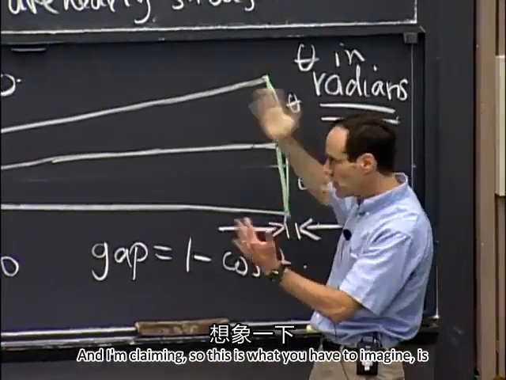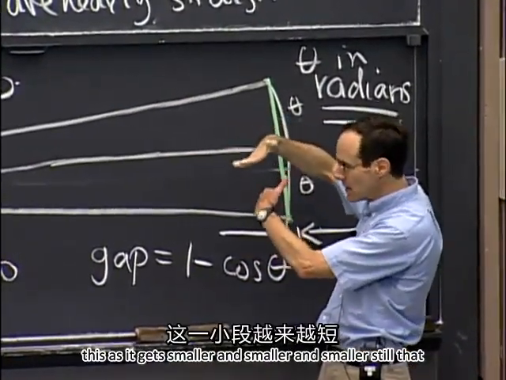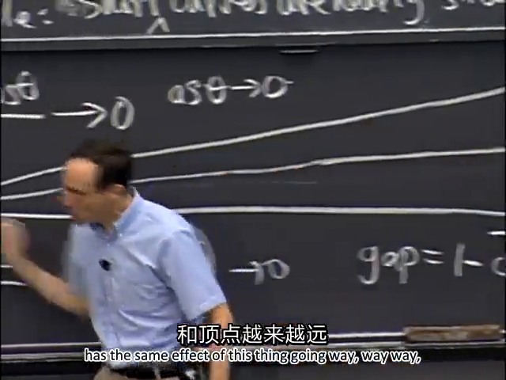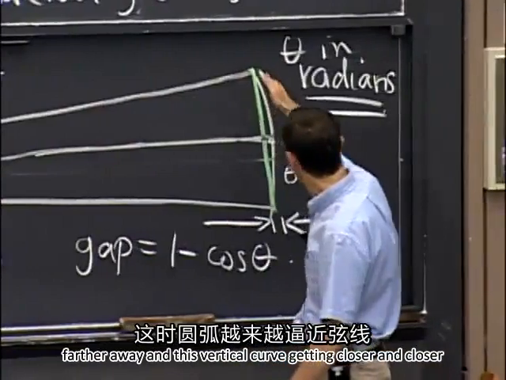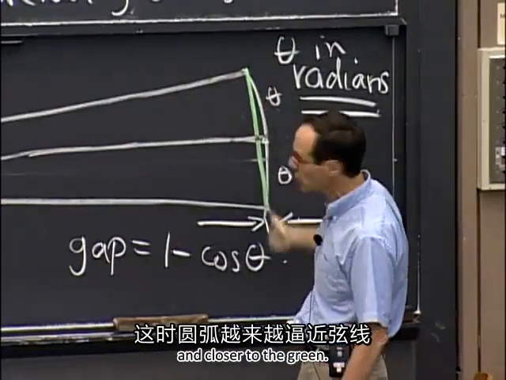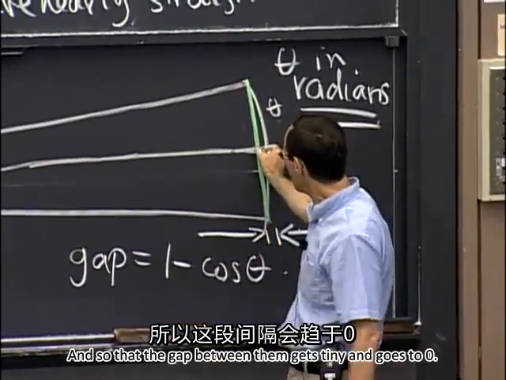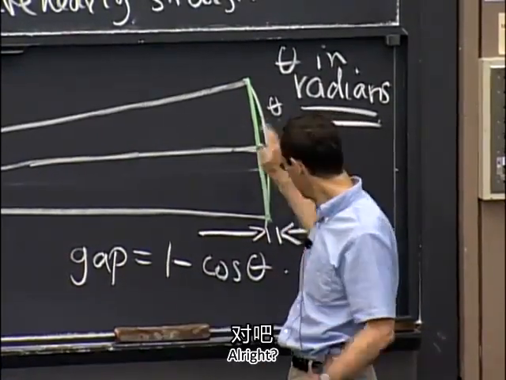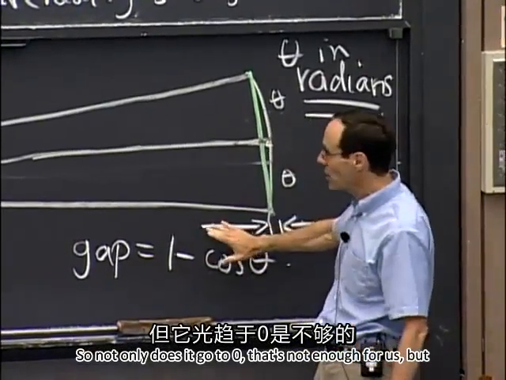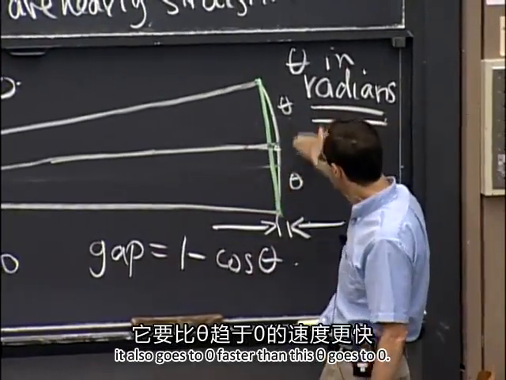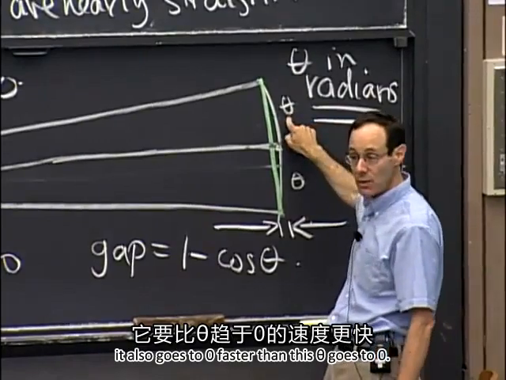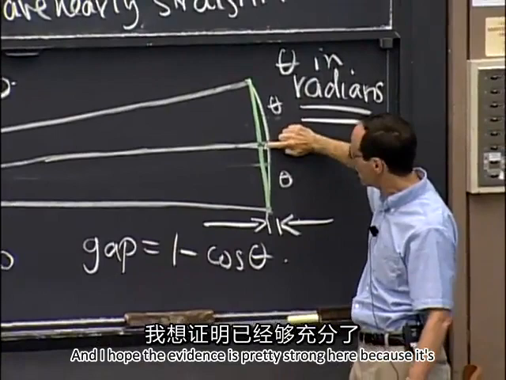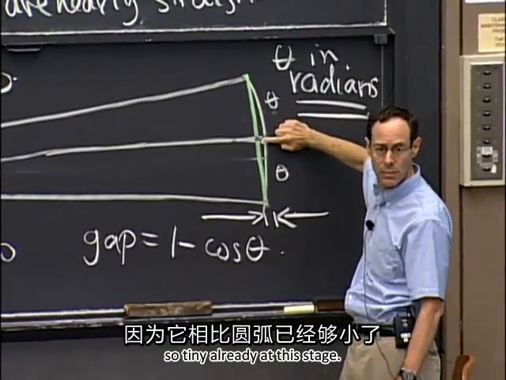As theta gets smaller and smaller, that has the same effect of this thing going way farther away, and this vertical curve getting closer and closer to the green. So the gap between them gets tiny and goes to 0. Not only does it go to 0, but it also goes to 0 faster than theta goes to 0. I hope the evidence is pretty strong here because it's so tiny already at this stage.